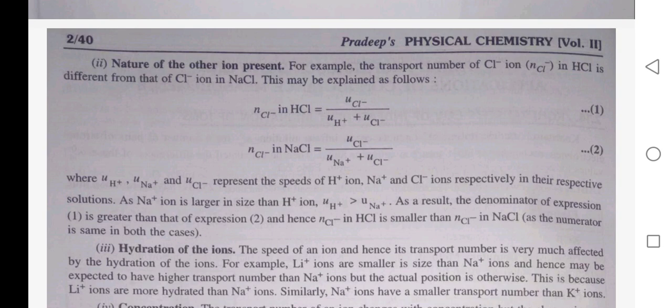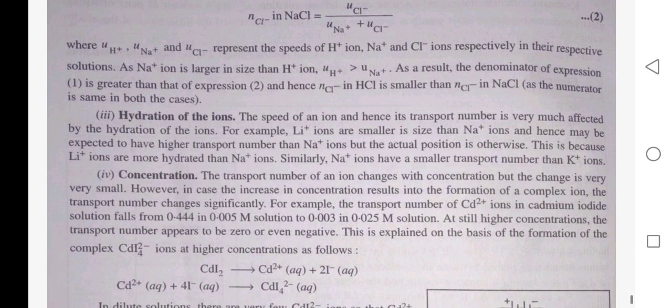N Cl negative in NaCl is equal to U Cl negative upon U Na positive plus U Cl negative, second equation. Where U H positive, U Na positive and U Cl negative represent the speed of H positive, Na positive and Cl negative ions respectively in their respective solution.